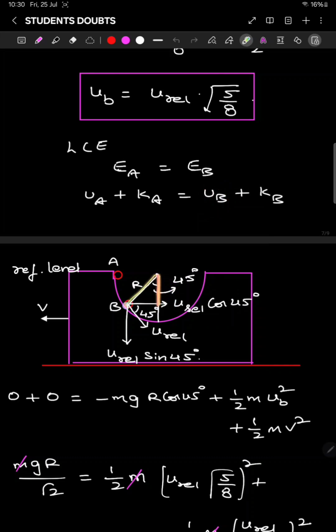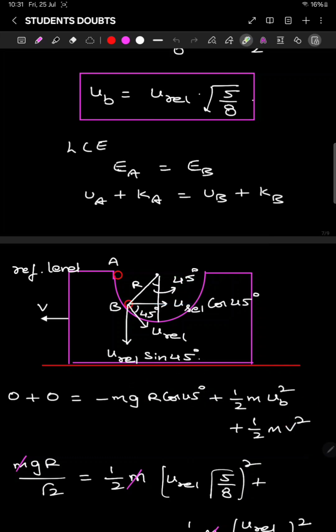This was R, and the angle is 45, so this will be R cos 45. Cos 45 equals adjacent side by hypotenuse R, so the adjacent side value is R cos 45. It is below the reference level, so minus m g h, where h is R cos 45.